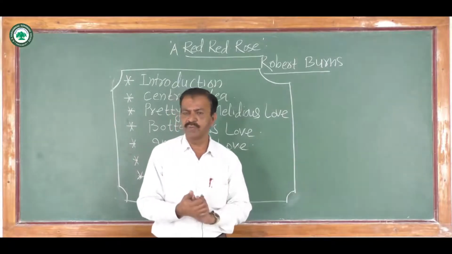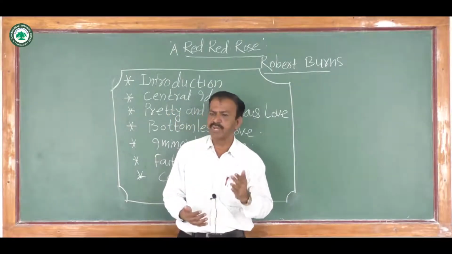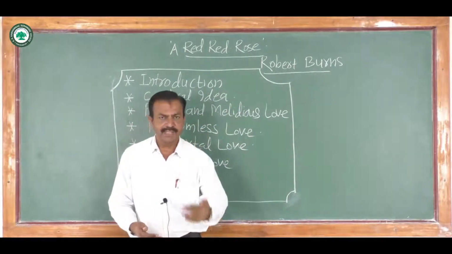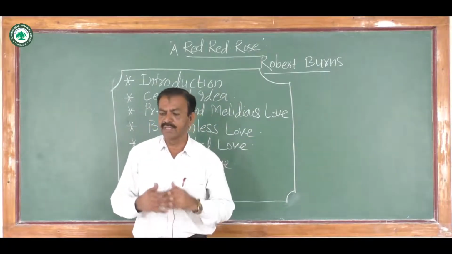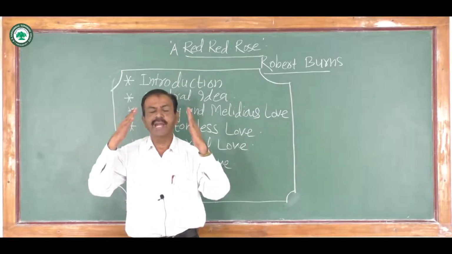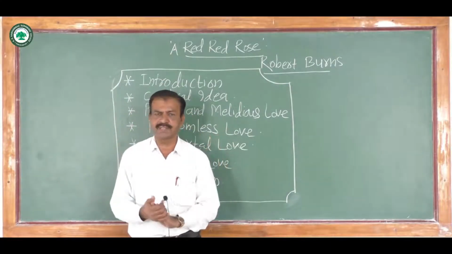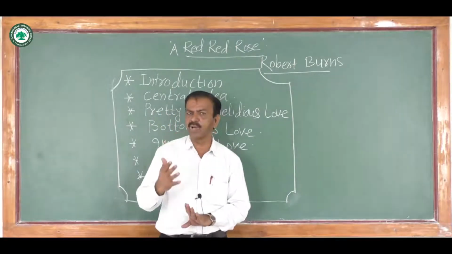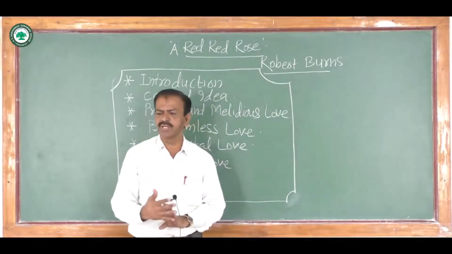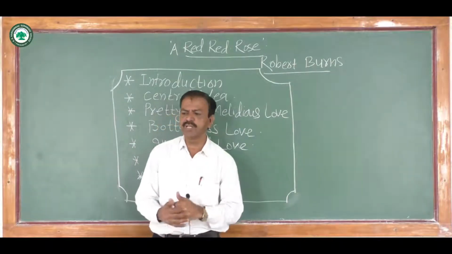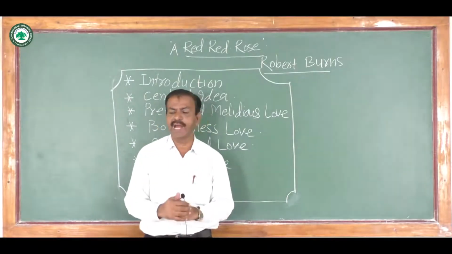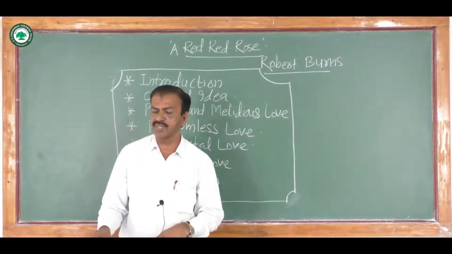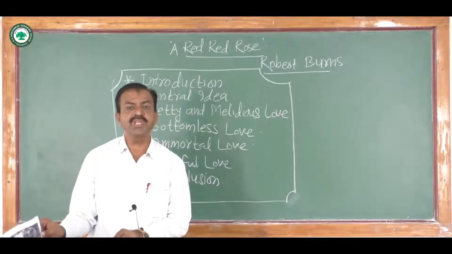In short, we can say the speaker is going to say that he will love her till death, or till the end of this universe. So in short, we can say the platonic, eternal and immortal love is described through exaggerations, and how he assures her.